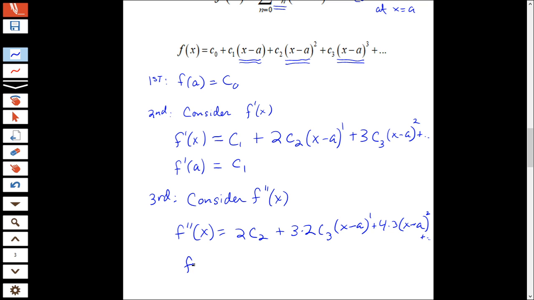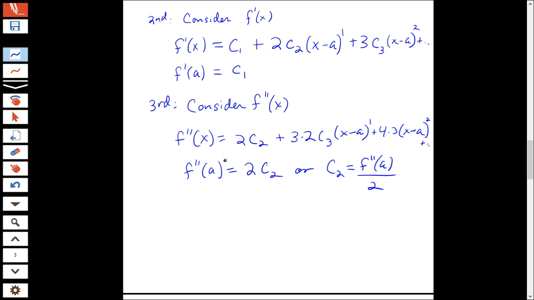And f double prime of a is going to be equal to 2 c sub 2. Or we could say c sub 2 has to be equal to f double prime of a over 2.